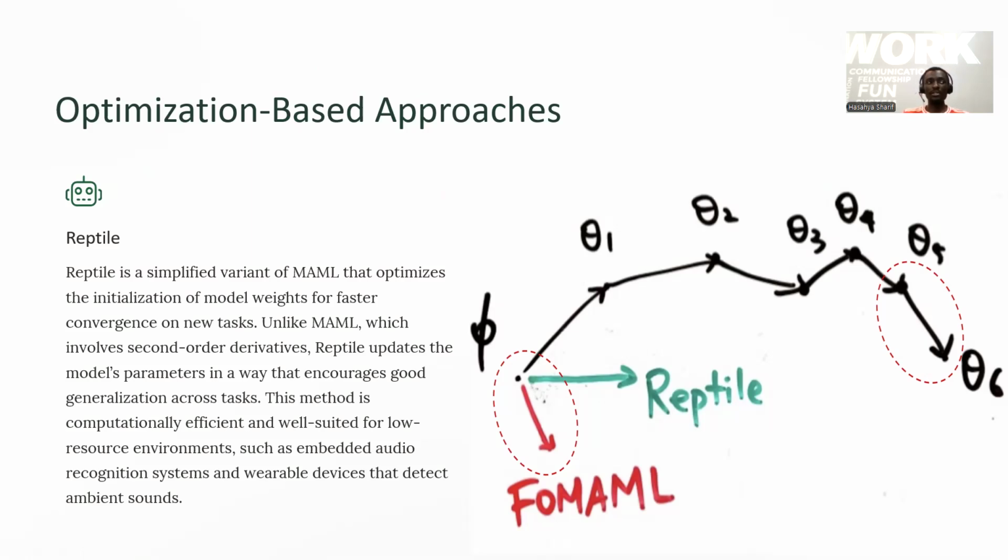Then, for instance, theta 1, theta 2, theta 3, and so on, those are the various samples the model keeps on training. And then it moves the model weights towards the new parameters. So each time we train theta 1, we then move its model weights to theta 2.